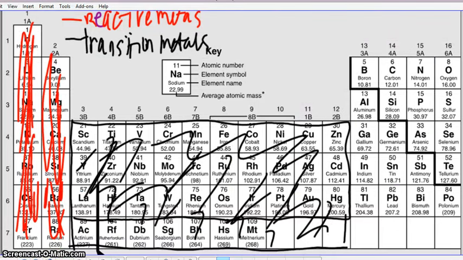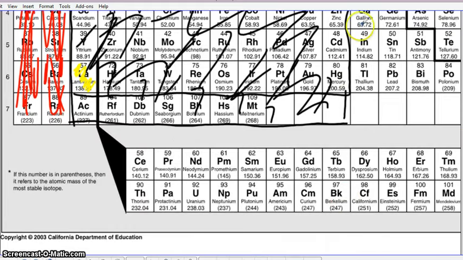For rare earth metals, let's go yellow. Now you guys can choose any color you want. I'm just picking one. Here, rare earth metals. Make sure you're making your key. All right, it's the third one down, so it's lanthanum, 57.